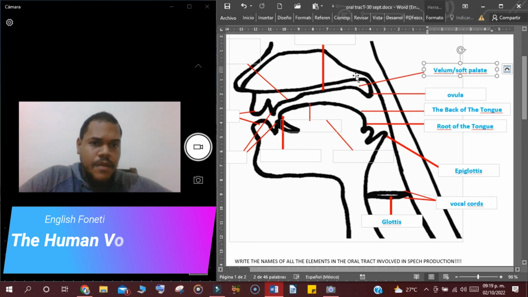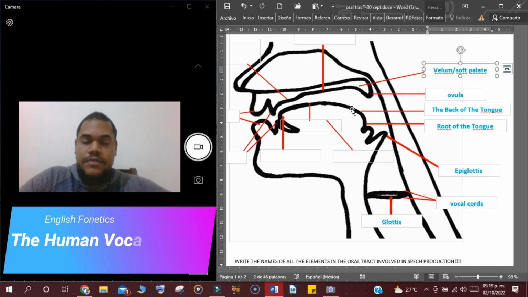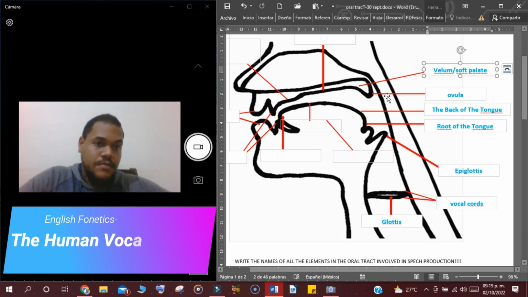Whereas when the velum is raised, the nasal passage is closed, and the air that comes from the lungs goes into the mouth, and therefore the sound produced is an oral sound. Let's continue.